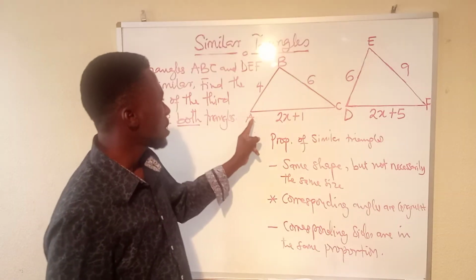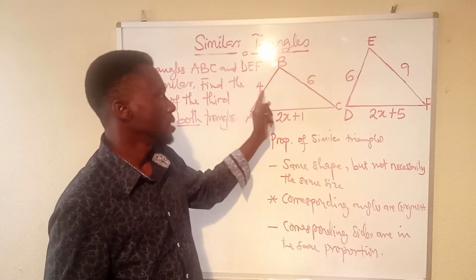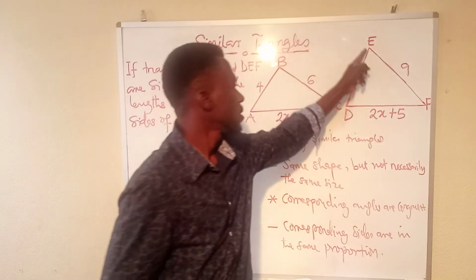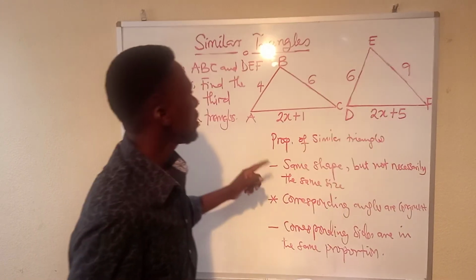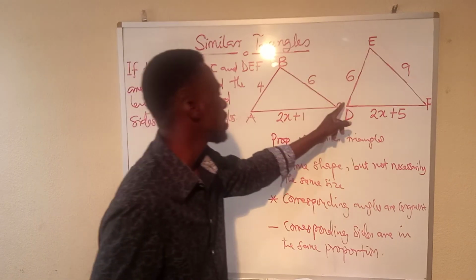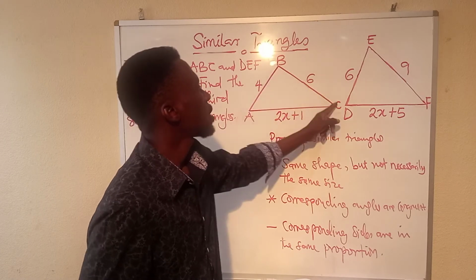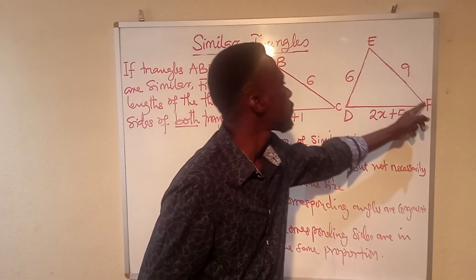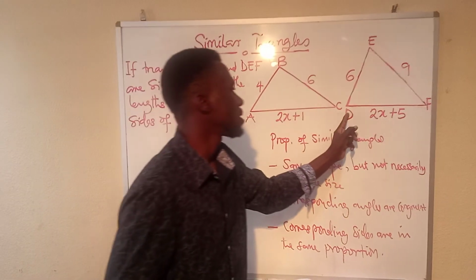All right, so if they are similar, the corresponding sides are in the same proportion, then it means that AB is corresponding to the side DE, and then BC is corresponding to the side EF, and then AC is corresponding to the side DF.